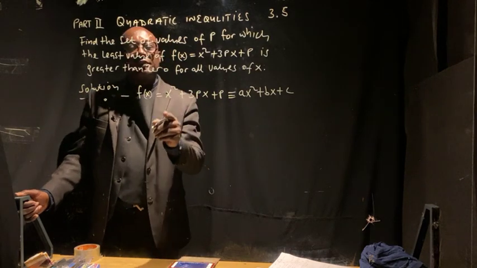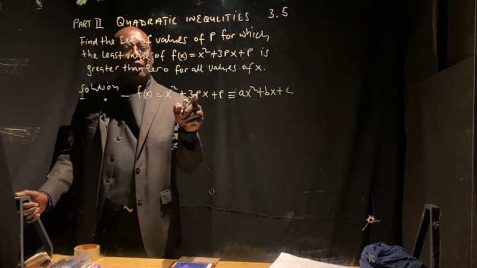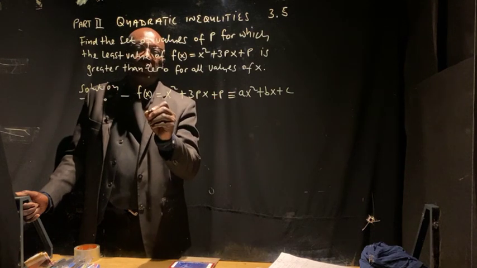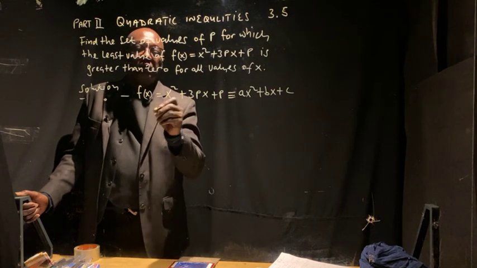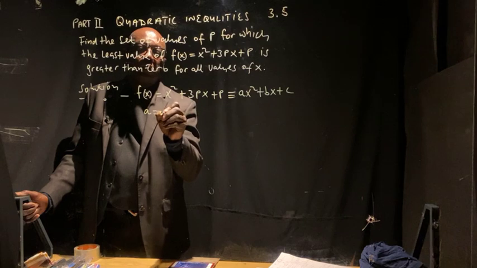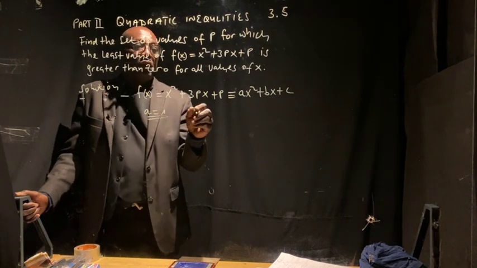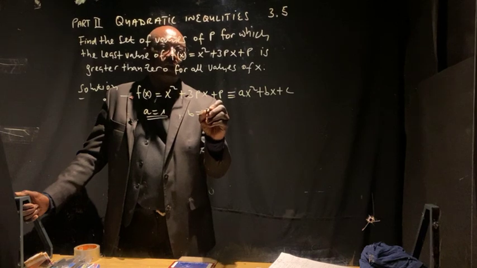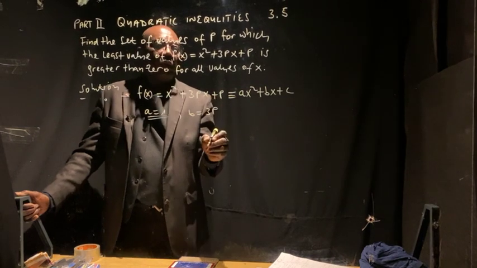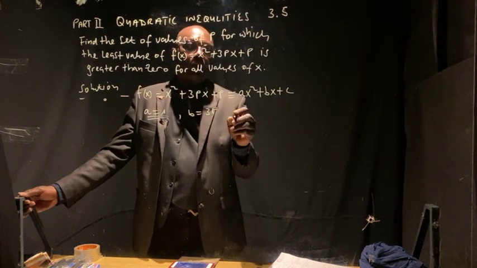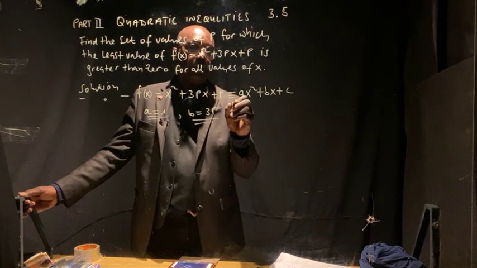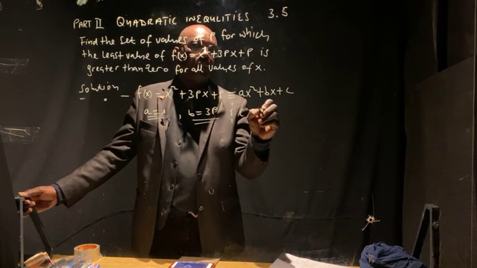From this expression, if you compare the coefficients on both sides, you can see that a equals 1. You can also see that b equals 3p. And we observe that c equals p.